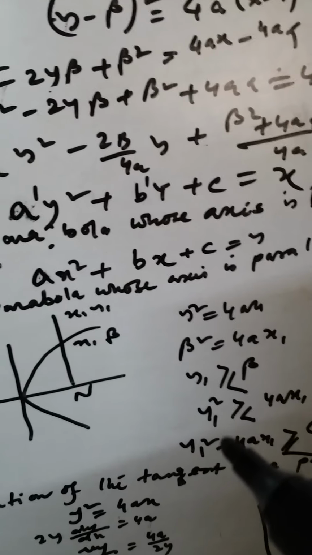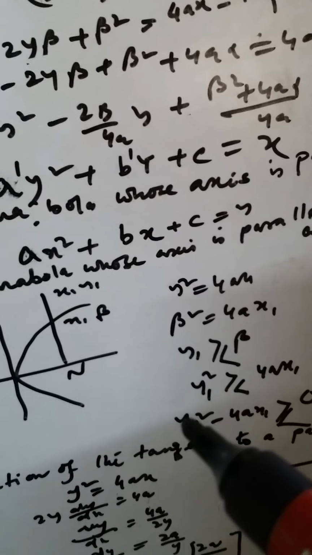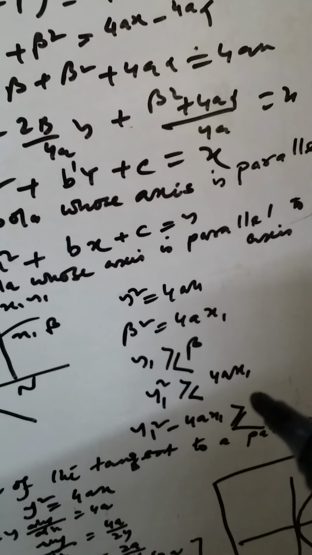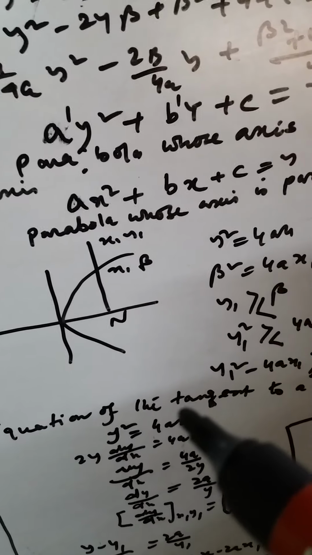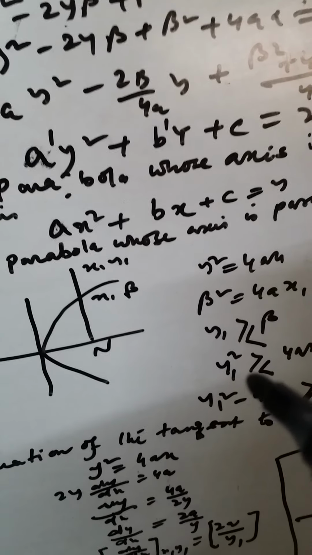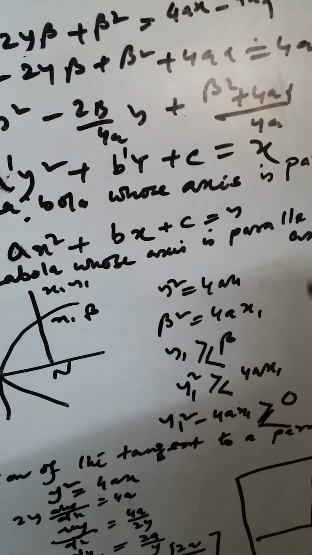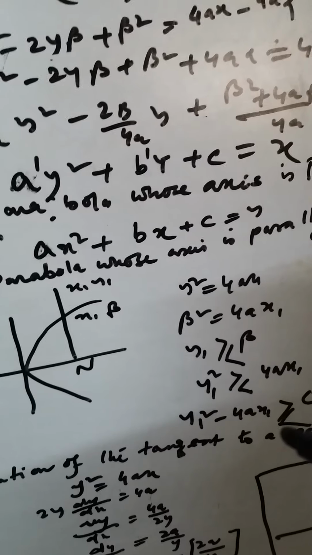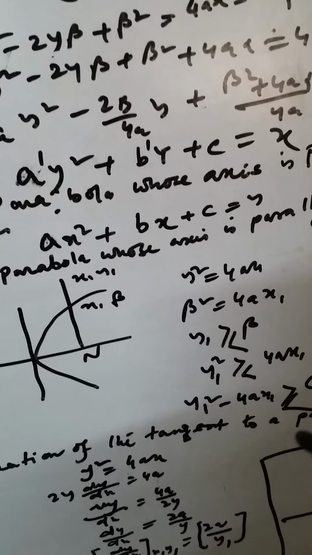Squaring both sides, we get y1 square greater than, equal to, or less than 4x1, so y1 square minus 4x1 greater than, equal to, or less than 0. If y1 square minus 4x1 is greater than 0, the point is outside the parabola; equal to 0, on the parabola; and less than 0, inside the parabola.